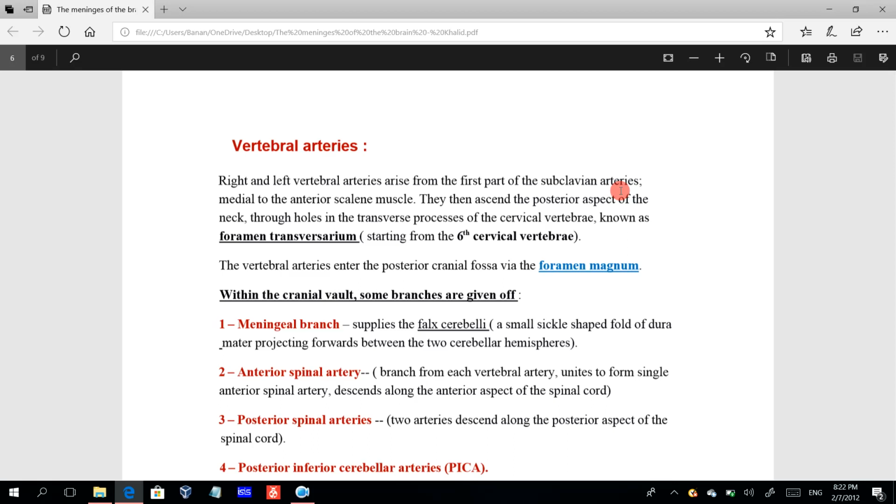And the vertebral artery will pass through these openings or foramina in the transverse processes, starting from the 6th cervical vertebra, not the 7th, the 6th. It enters the foramina in the transverse processes starting from the sixth cervical vertebra and ascends upwards to enter the cranial cavity through the foramen magnum.